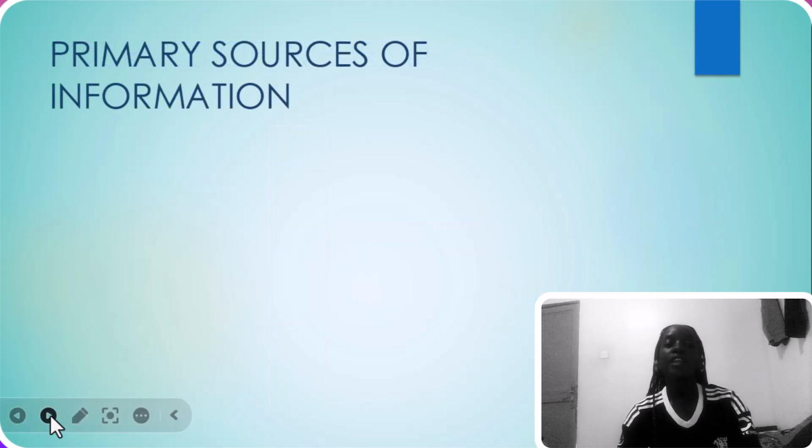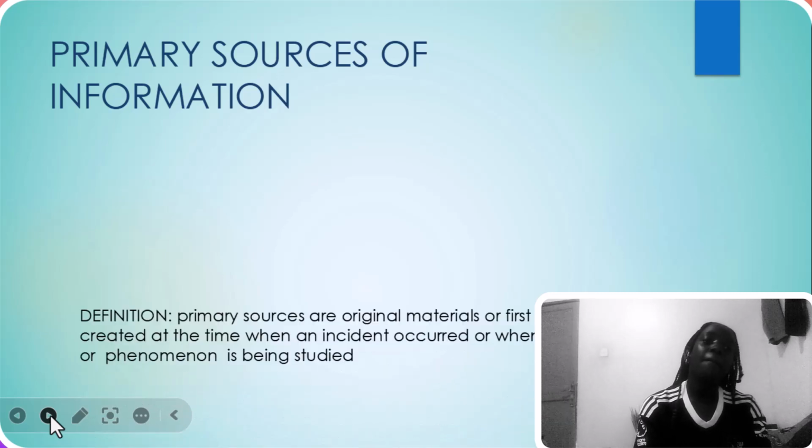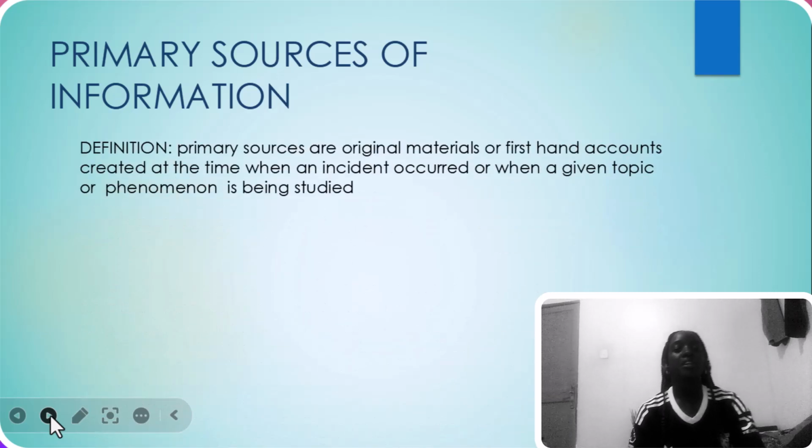So now I'm going to talk about primary sources of information. My definition is, primary sources of information are original materials or first-hand accounts created at the time when an incident occurred or when a topic or phenomenon is being studied. They are original, first-hand.